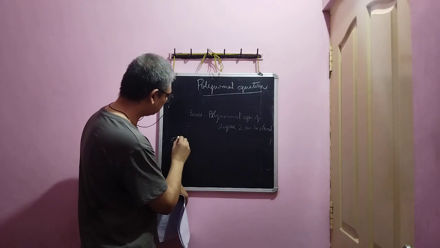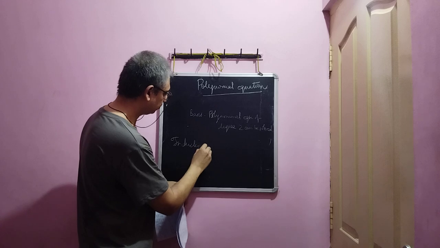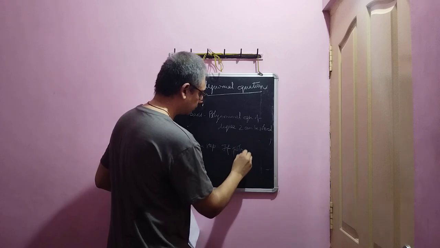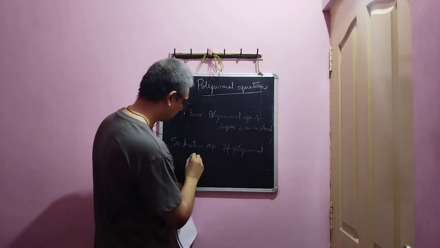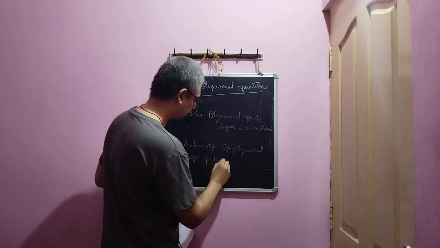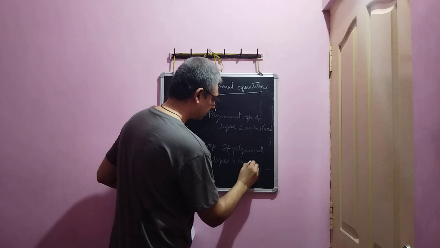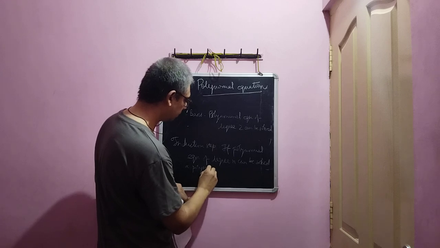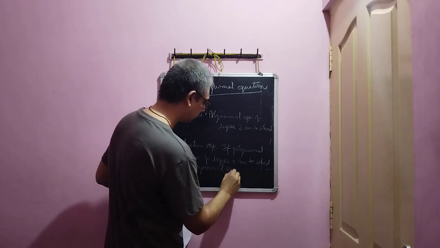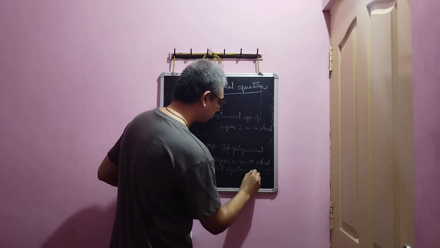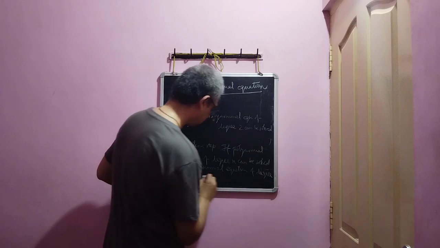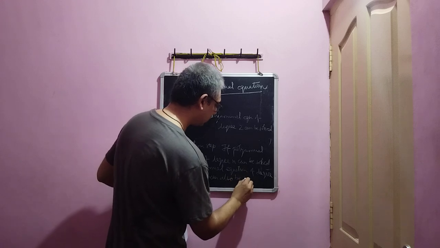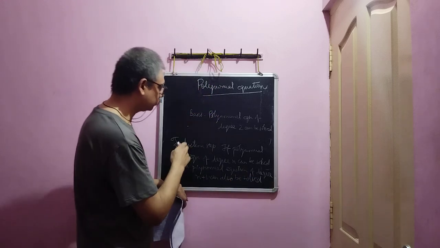For an inductive proof, this is the induction step: if a polynomial equation of degree n can be solved, a polynomial equation of degree n plus 1 can also be solved. This is your induction step.